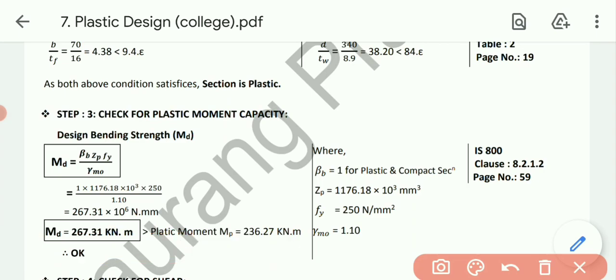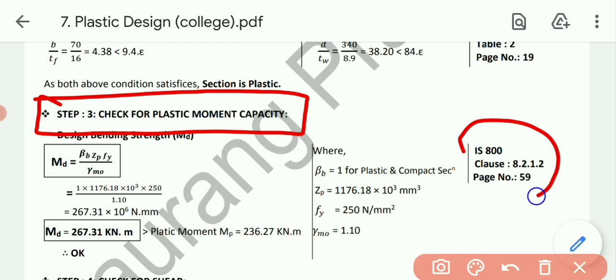Now let's check the condition for the moment and shear. First let's check the moment, step number 3, that is check for the plastic moment capacity. For that we need to follow IS 800 clause number 8.2.1.2.